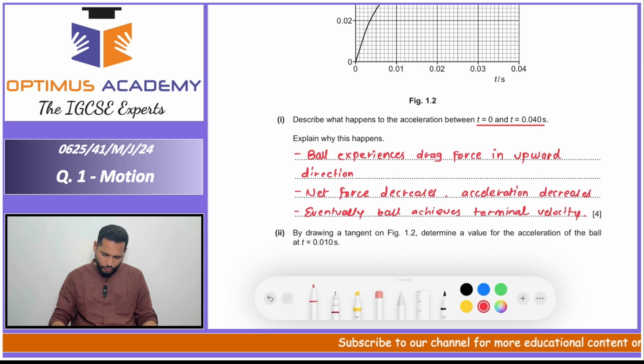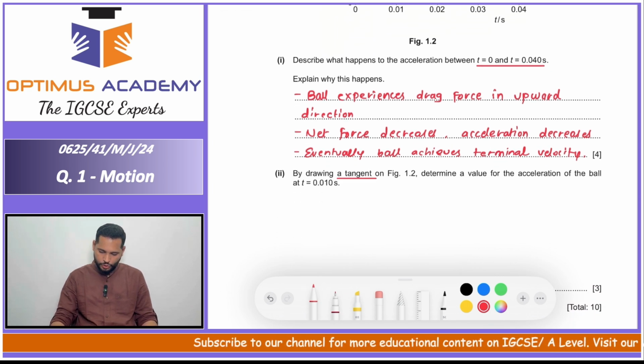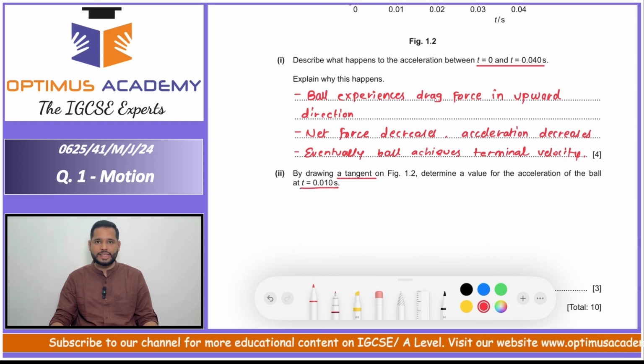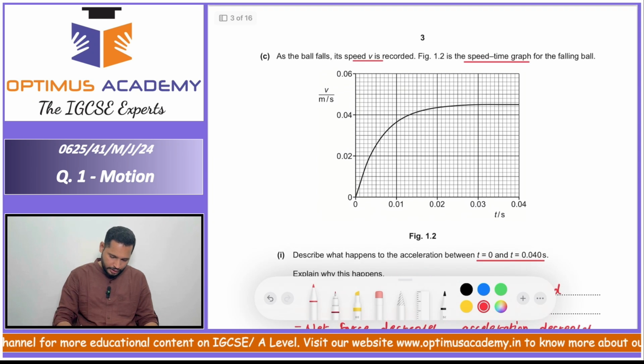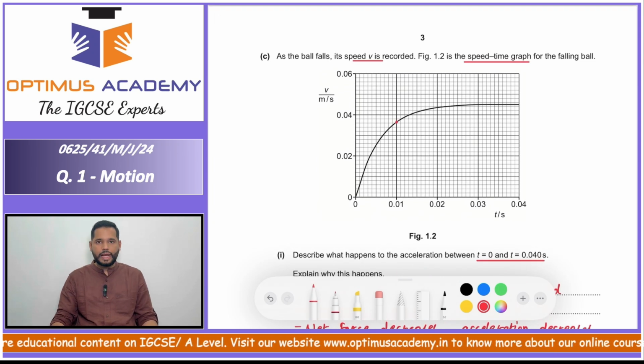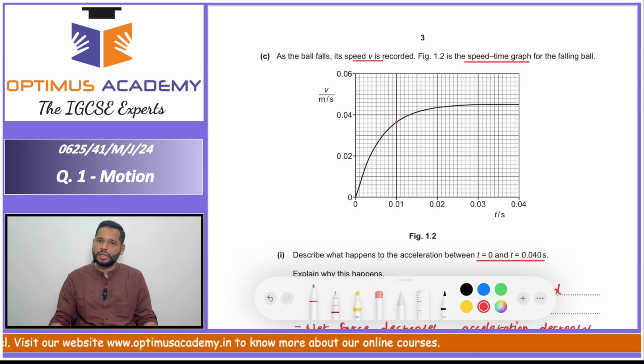Next question, by drawing a tangent on figure 1.2, determine a value for the acceleration of the ball at time 0.01 second. Now if you see the graph at 0.01 second, the graph is a curve, and when we have to calculate the gradient for the curve, we have to draw a tangent on the graph.